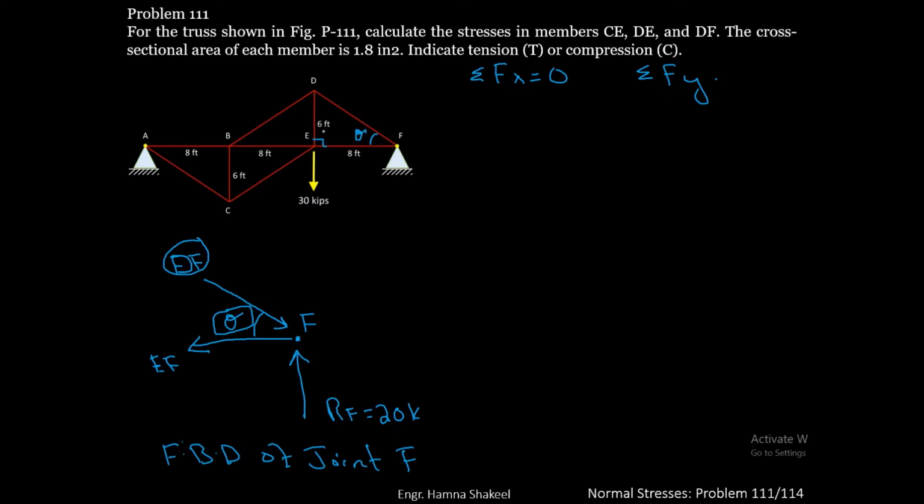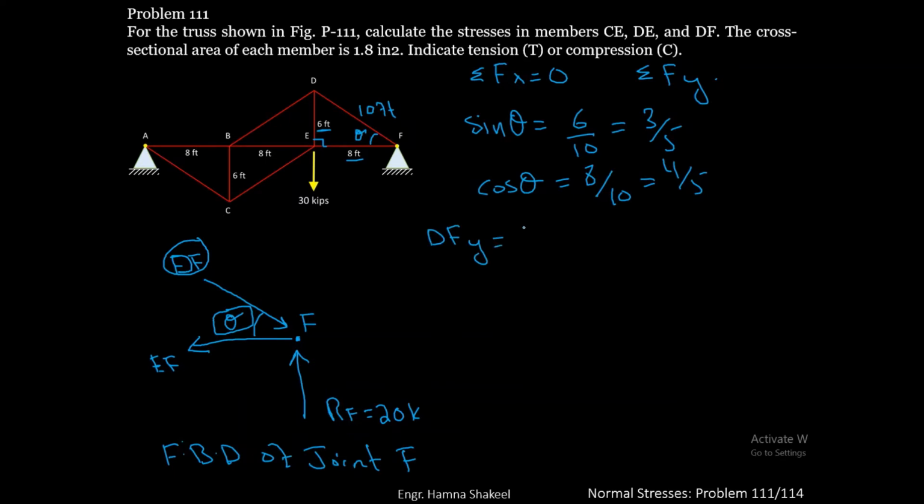This is a right angle triangle. You have 6 foot here and 8 foot here. It means that the length of this DF member is 10. So sine theta will be equal to 6 by 10, which is equal to 3 by 5, and cos theta is equal to 8 by 10, which is equal to 4 by 5.